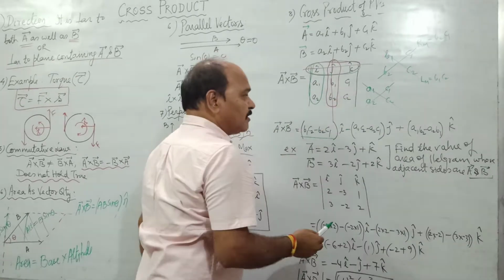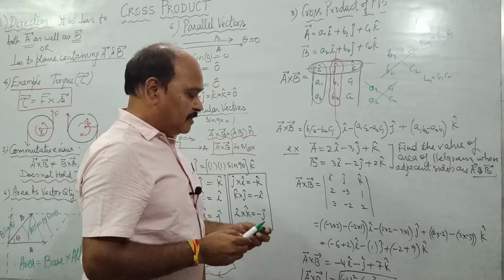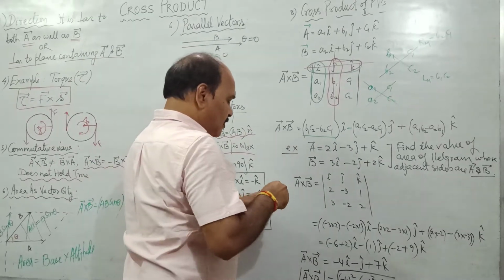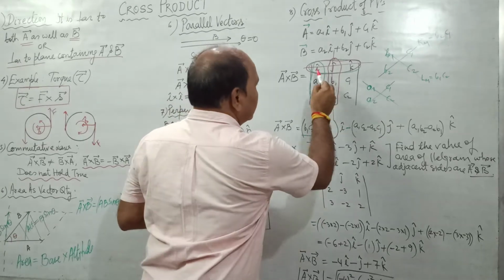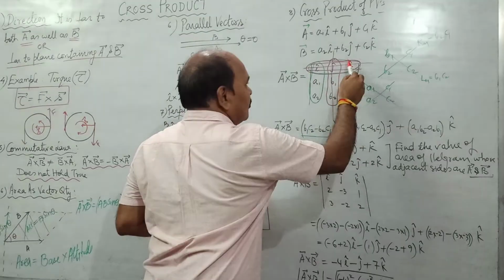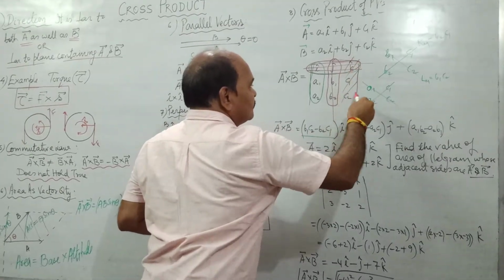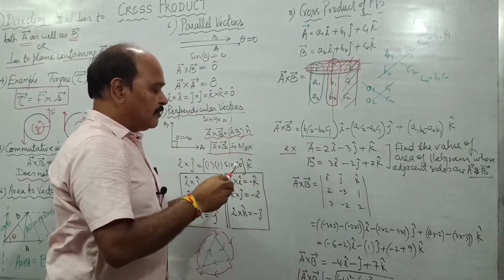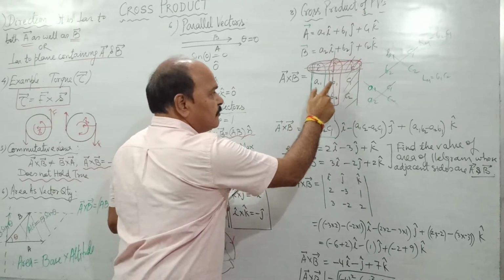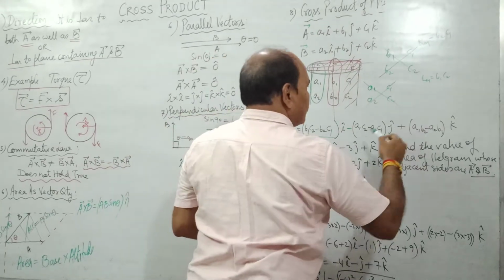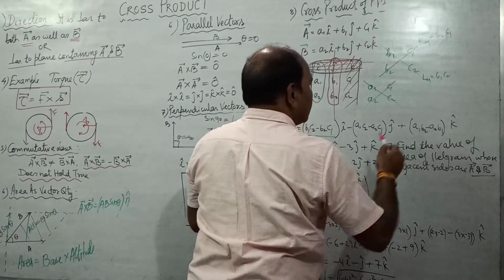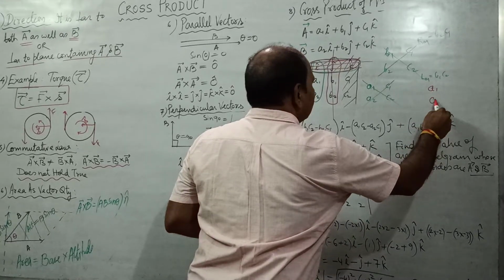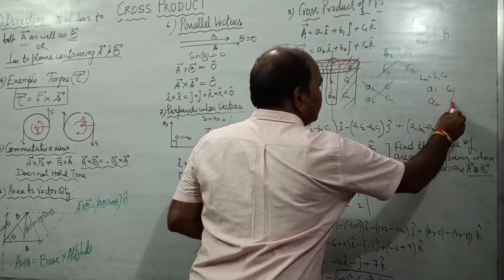For writing down the coefficient of K, again we hide the row K belongs to and the column K belongs to. If we hide them, we are left with these four elements: A1, A2, B1, B2.